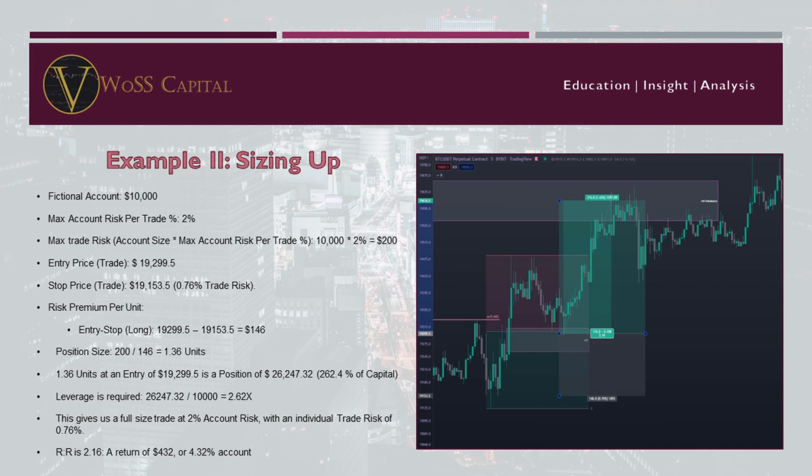Now, I spoke about this in the position sizing session, but I'll mention it again as well. When you're factoring in your risk and your leverage, a lot of people forget to factor in the fees.